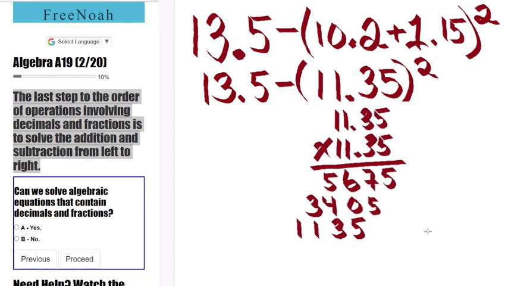We have 5 times 1, which will give us 5. 3 times 1 gives us 3. 1 times 1 gives us 1, and 1 times 1 gives us 1.